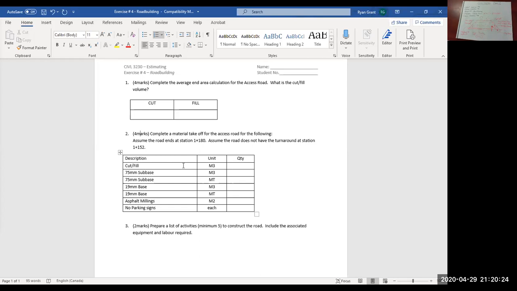So all these items are required for the access road: sub-base cubic meters, sub-base tons, road base cubic meters, road base tons, millings, that's the surfacing, just measured in square meters. And then number of signs, so you're counting the number of signs.